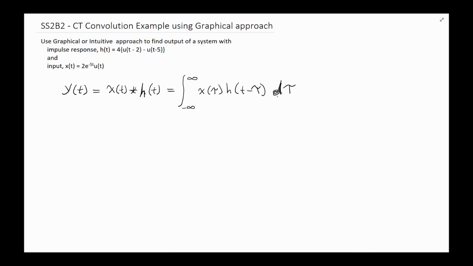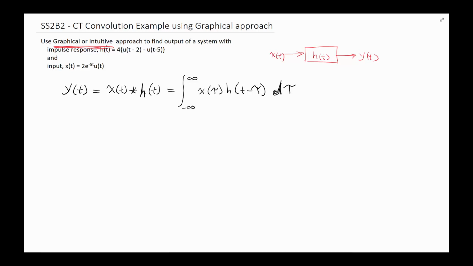Great. Now we have a problem here which is asking us to take an input, run it through a system that is defined by h of t, and find out what y of t is. So that's our job. When you do a convolution, as we've talked about in the introductory video, you can take either a graphical or intuitive approach, which is what we're going to do here, or a mathematical approach, which we'll do in a future video.